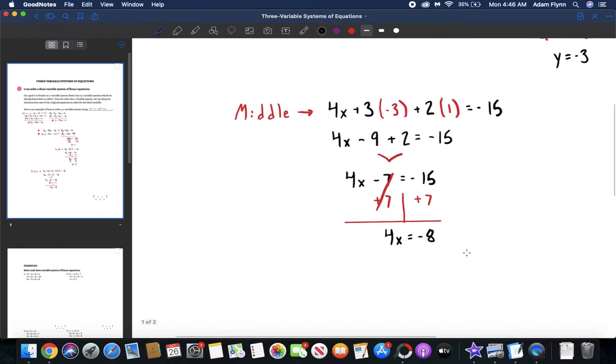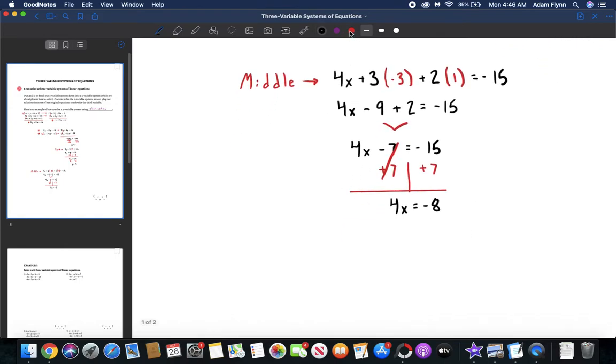Scroll down a little so I don't run out of space. Divide both sides by 4 to isolate that x. Those are gone on the left side, so I end up with x equals negative 2.